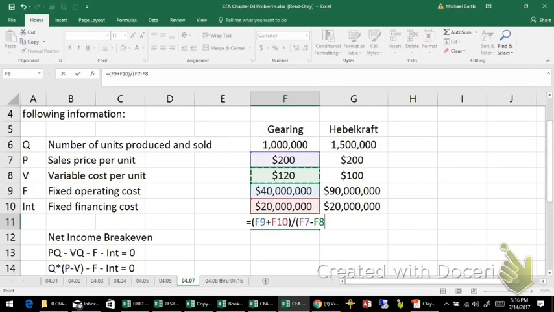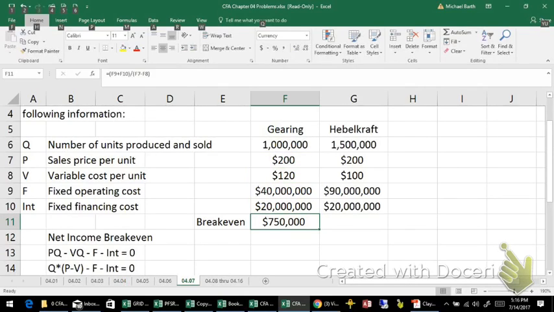And if I subtract the variable cost per unit from the sales price per unit, that contribution margin, which would be P minus V, is the amount I earn per unit that can go to pay all the other fixed costs. So all we're doing is seeing how many units it would take to accomplish that.